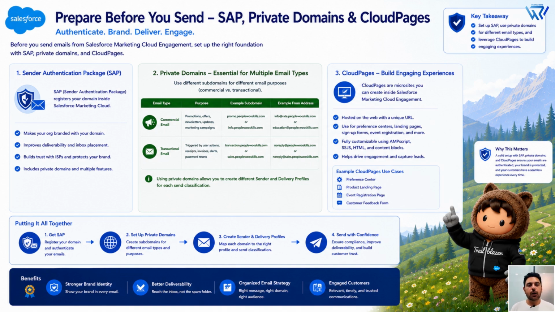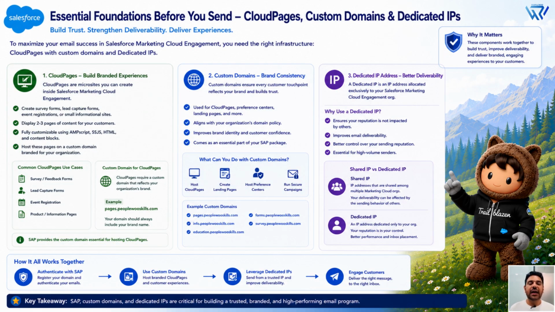These cloud pages require a custom domain, a domain which is branded as per your organization's domain policy. If I am hosting a custom domain for People Who Skills, then that domain should contain People Who Skills as the hosting custom domain. So for cloud pages, SAP provides a custom domain, which is an essential part of your SAP package.